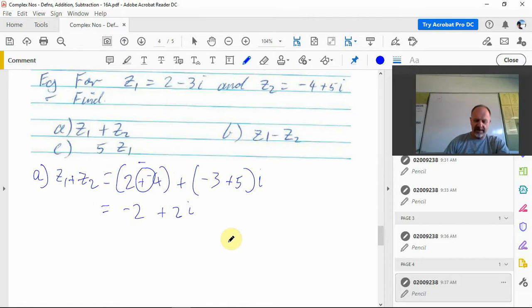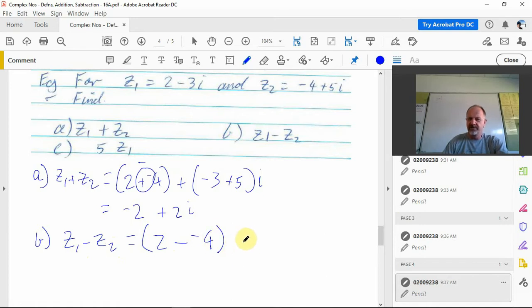All right, then if we were subtracting z1 minus z2, we've got to subtract the real part of z2 from the real part of z1, and we've got to subtract the imaginary part of z2 from the imaginary part of z1.